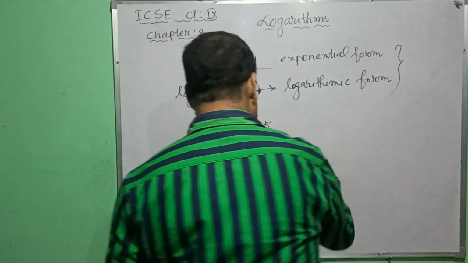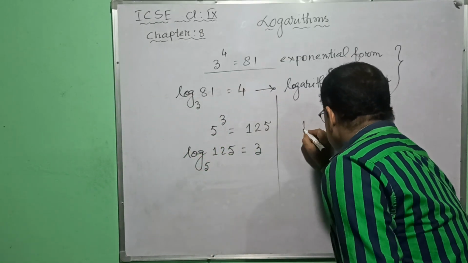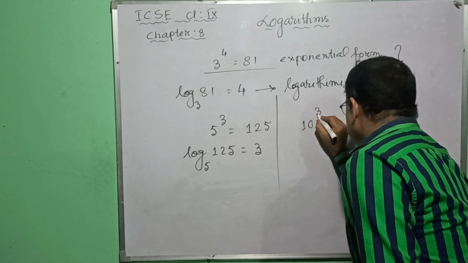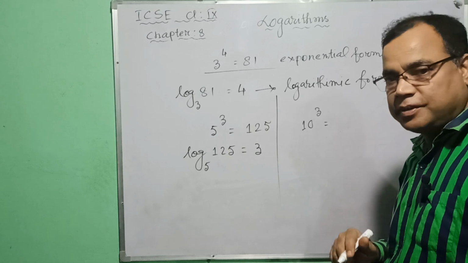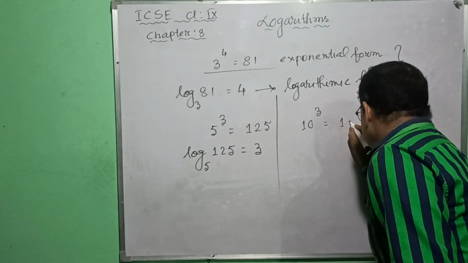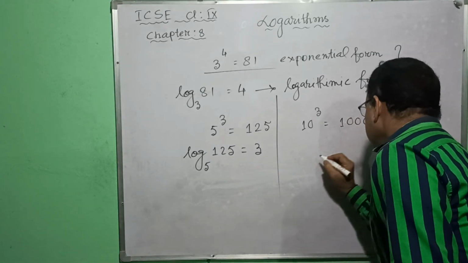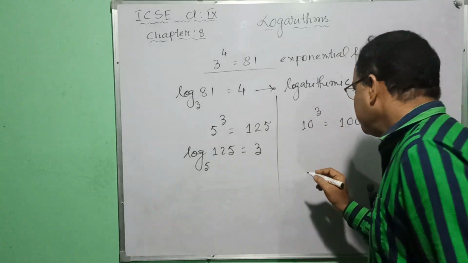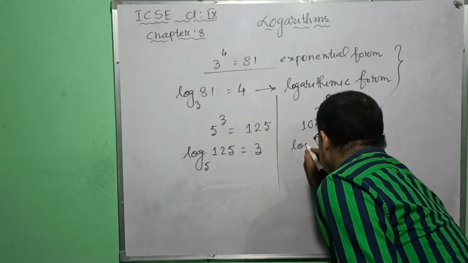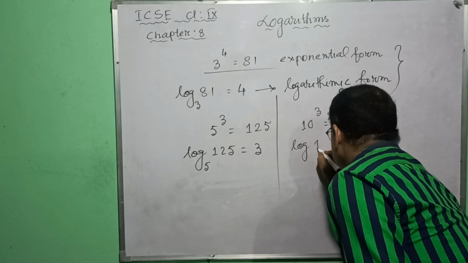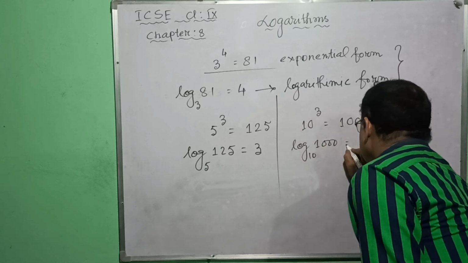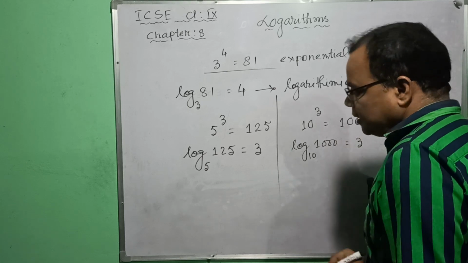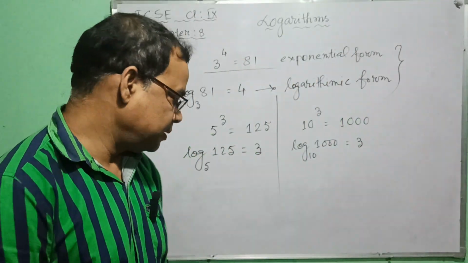Another example, if we write 10 cube. In exponential form 10 cube equal to 10 into 10 into 10 equal to 1000. Same thing in logarithmic form we can write logarithm of 1000 at base 10 equal to 3. So this is all about the logarithms.